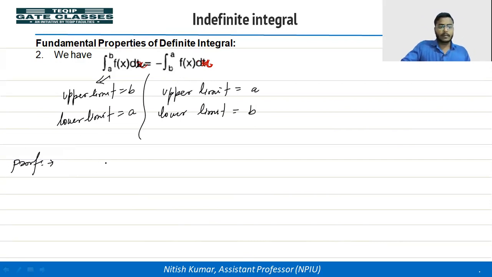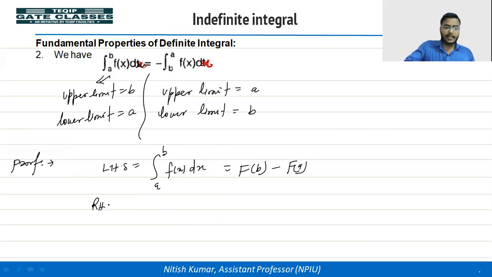Left hand side: a to b function of f(x) dx, right? So we can write F(b) minus F(a). Okay. From the right hand side, minus integration b to a f(x) dx.